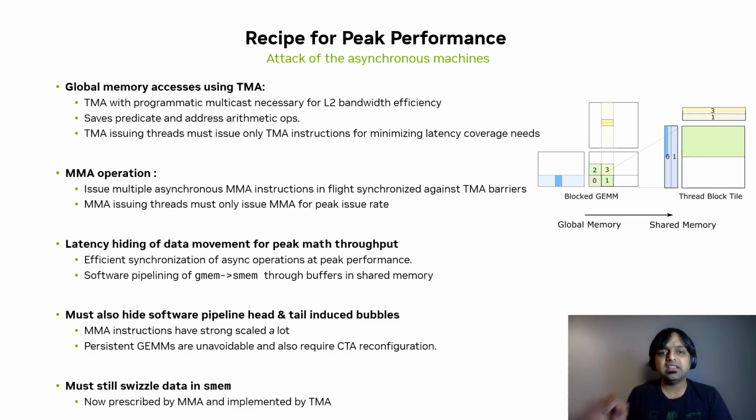A consequence of this is the inability to launch multiple thread blocks in a single SM. What this means is that on top of achieving main loop performance, one also needs to hide the tail and head portions of the GEMM computation, which we'll cover later via the introduction of persistent schedules.